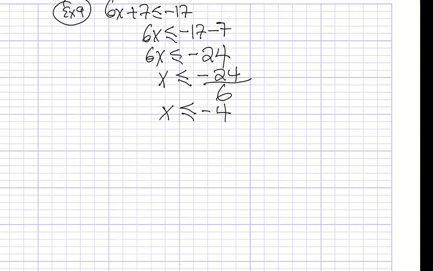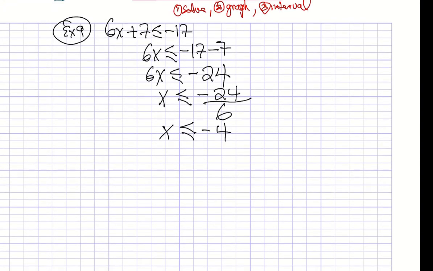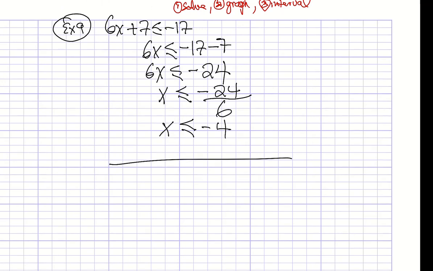And then you gotta draw. Well, we're not quite done. We're done with solving. We'll draw it. Negative 4 is over here, and then it's included. So if we draw that, it's less than or equal to negative 4, so it's gonna go that direction to infinity, and no hole left, okay?